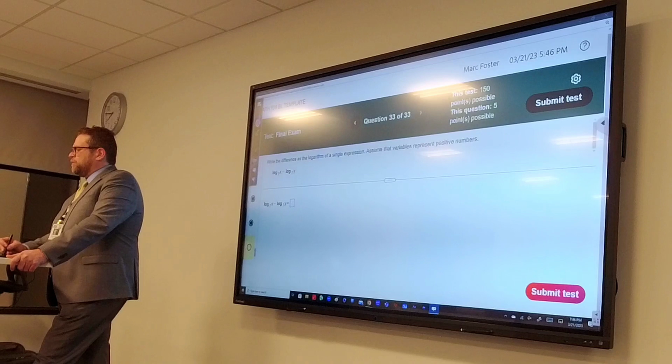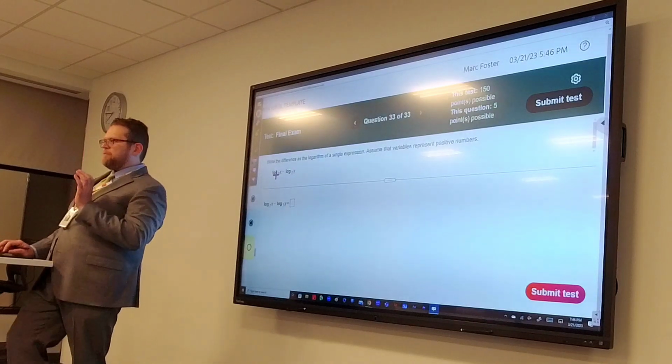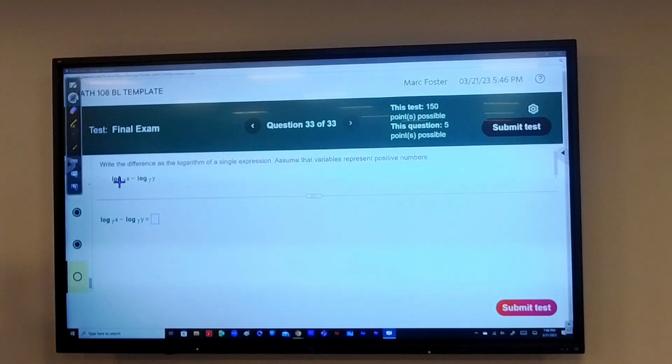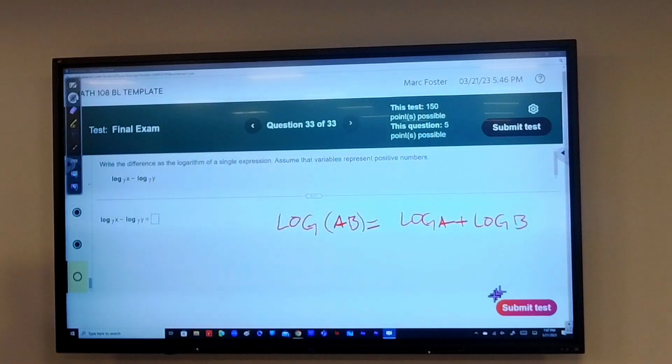We would say that logarithms map multiplication to addition. We have this property that log of AB is log of A plus log of B. And the logarithm is the only function that can do that.